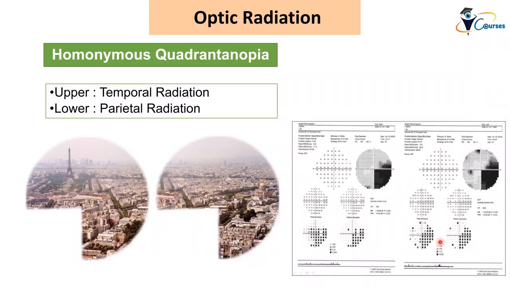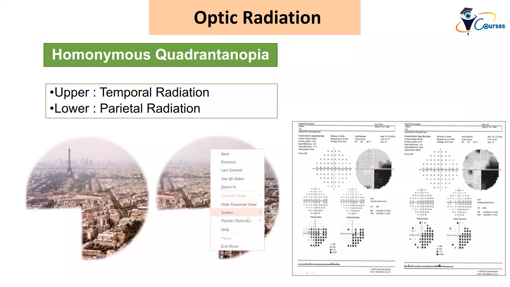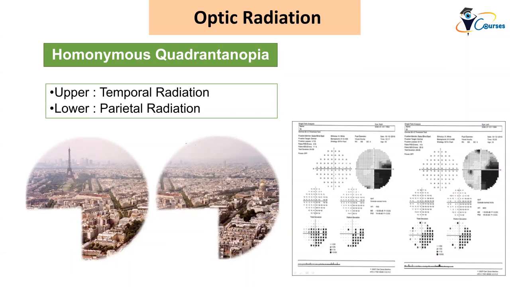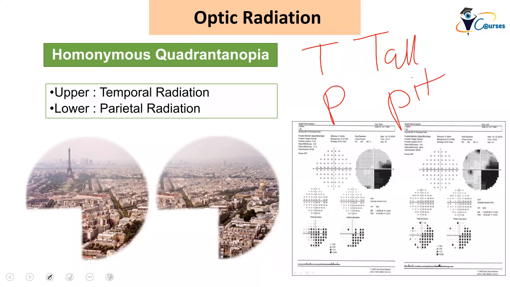We got it now? An easy way to remember it is this mnemonic. I always say it in my lectures. Remember T for tall and P for pit. T for tall represents the upper radiation or the upper scotomas, the so-called pie in the sky.